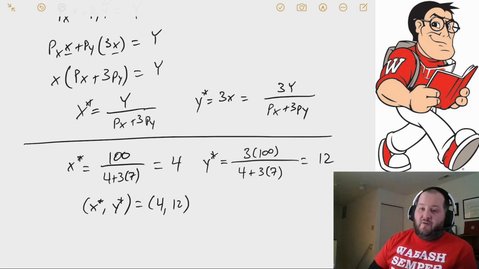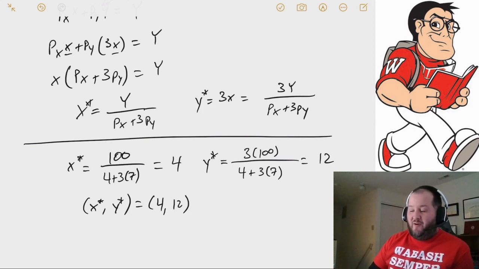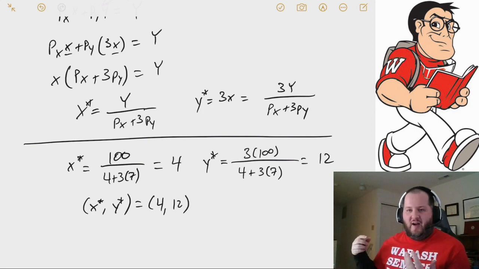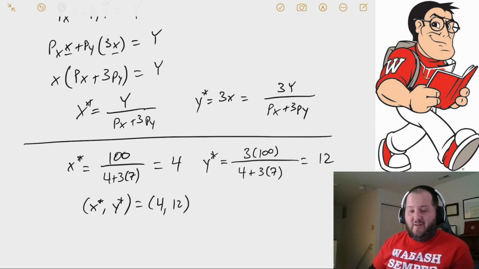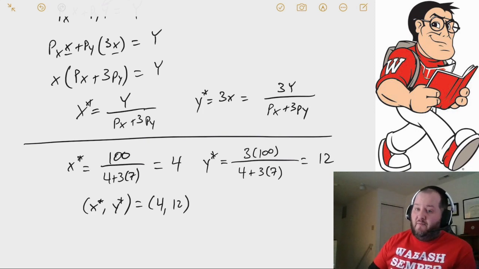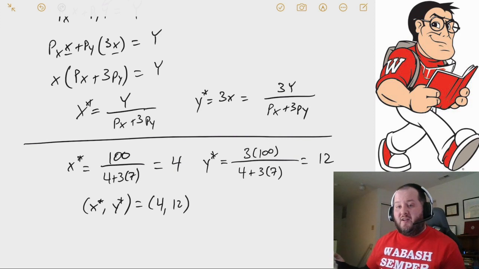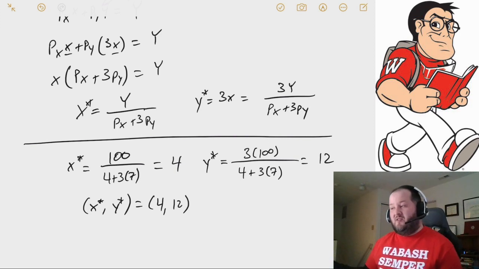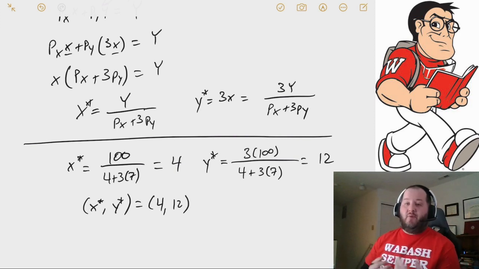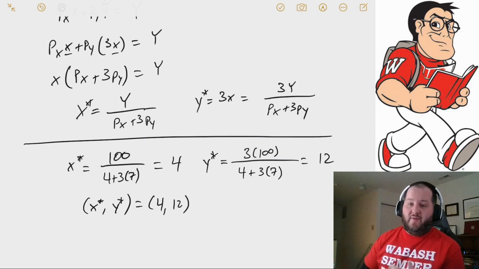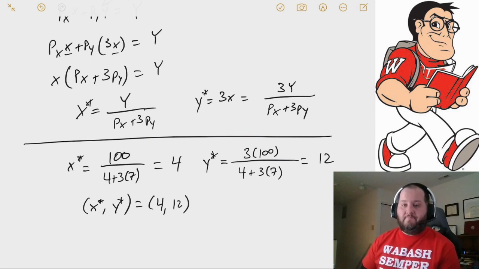You know it's going to be one corner or the other, so figure out which one gives you the highest utility and then pick that one. And of course, lastly, perfect complements. Can't use calculus on that one because it's not differentiable, but we do know that we're going to consume in a fixed proportion. And so we can leverage that fixed proportion in order to help us find our equilibrium.